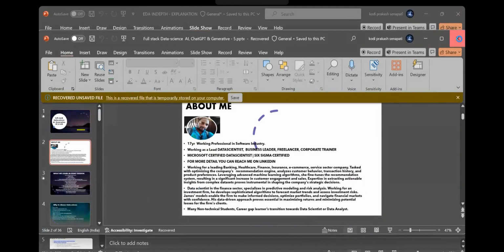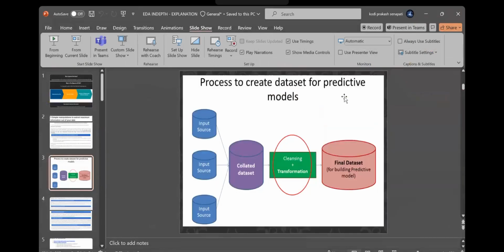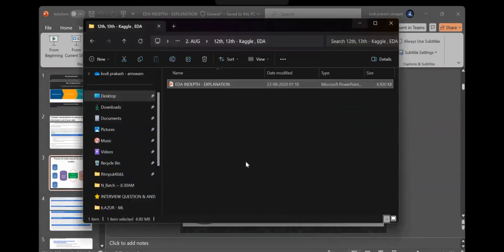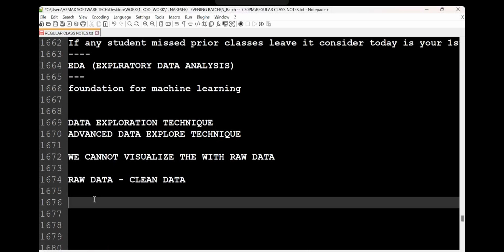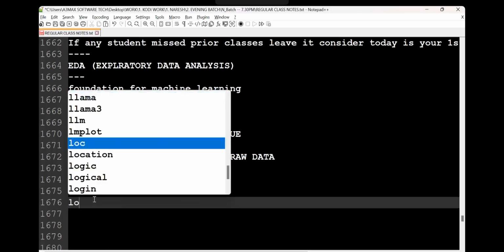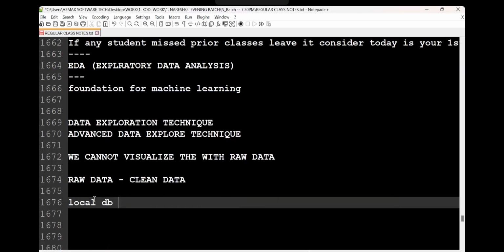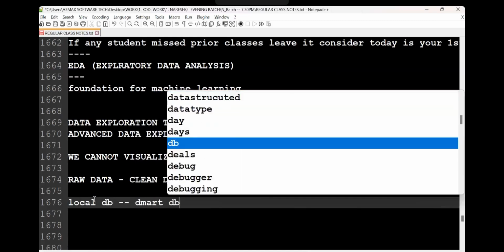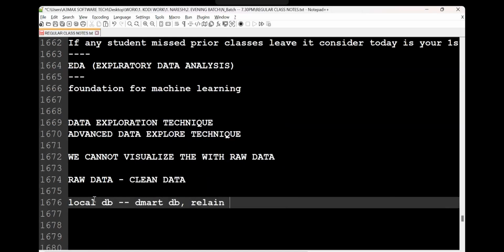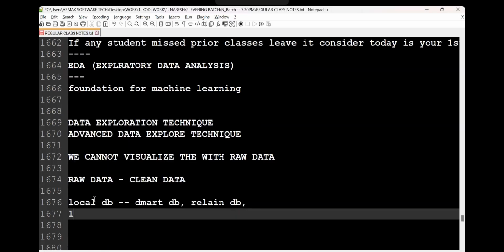So just let me close this. We don't save. Just go here. What topics did we discuss? First, we talked about local DBs, let's say DMart DB, Reliance DB, and then different DBs, guys, with which these companies tie up. Then we talked about the master DB. All right, guys, the master database.